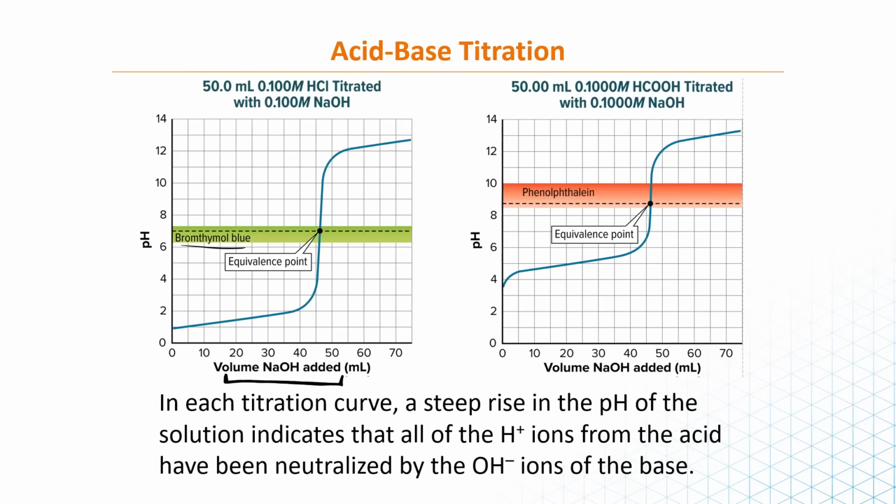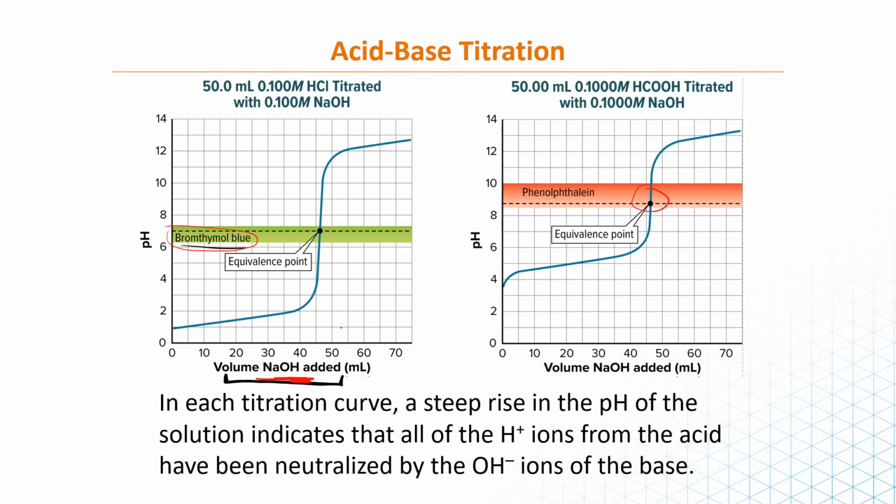Okay, so these are the graphs that I told you about. This is the volume added. We start adding the volume and the pH keeps changing and we record these things until we reach the equivalence point. Here the color changes, and in here as well the color changes.